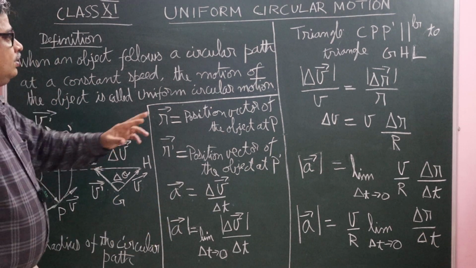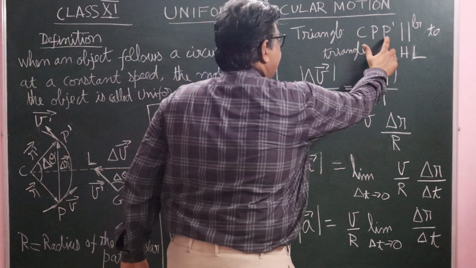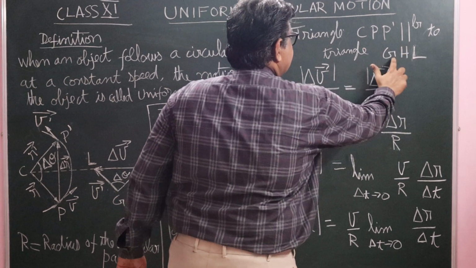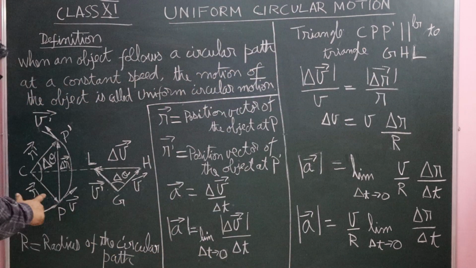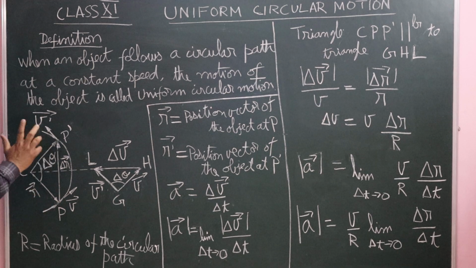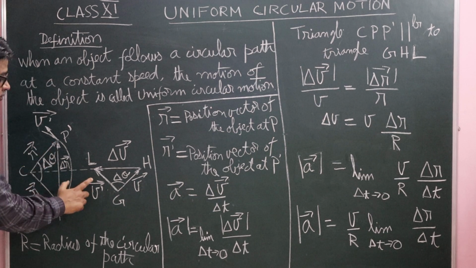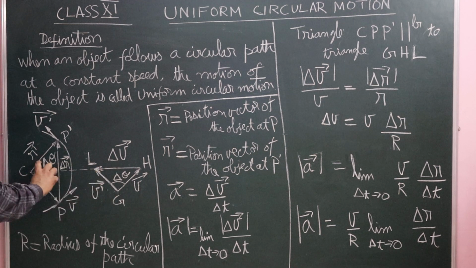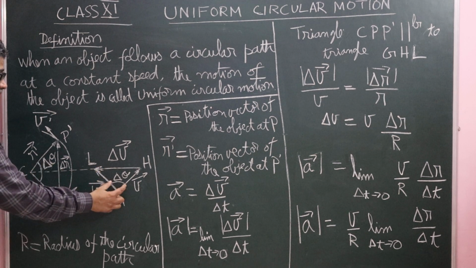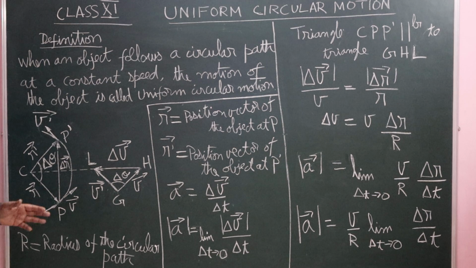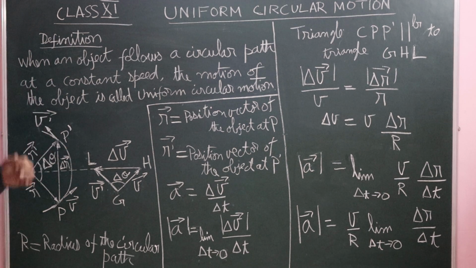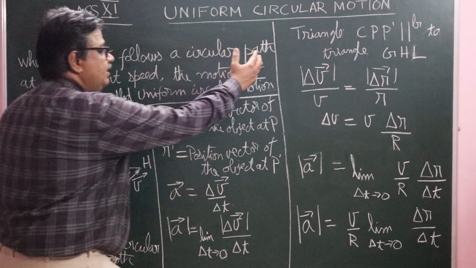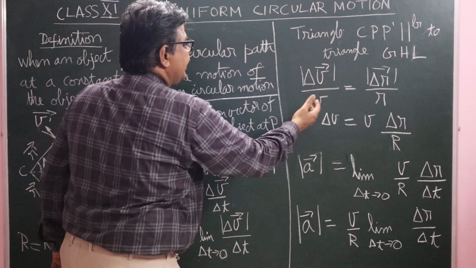Now, triangle CPP dash is similar to the velocity triangle. Here also this is del theta. According to the property of similar triangles, the ratios of corresponding sides are equal.